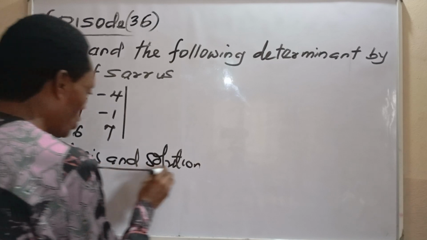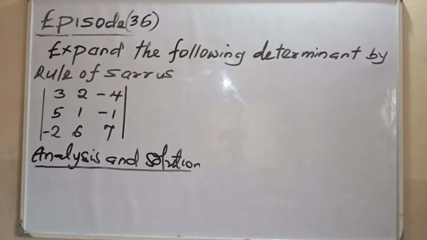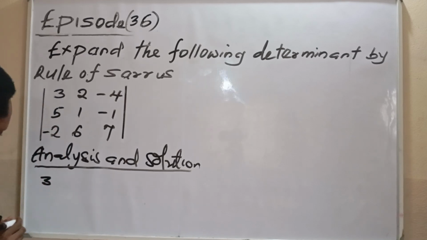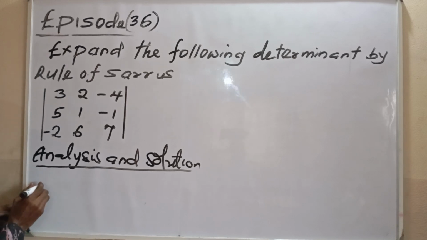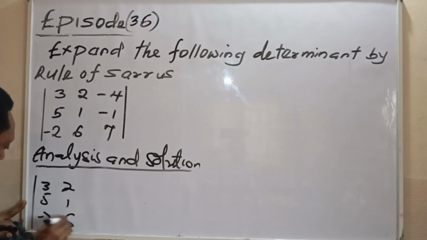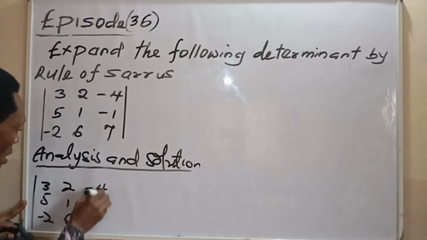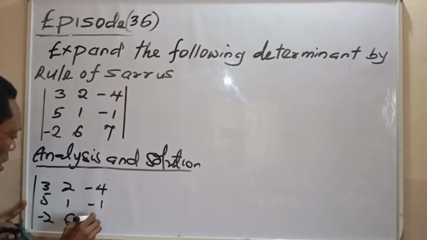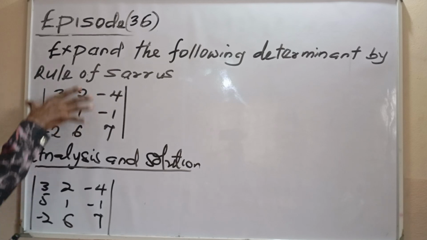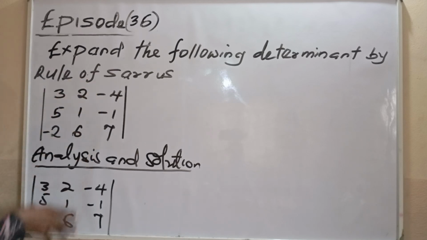The first thing we do is to rewrite the determinant: 3, 2, minus 4; 5, 1, minus 1; minus 2, 6, 7.